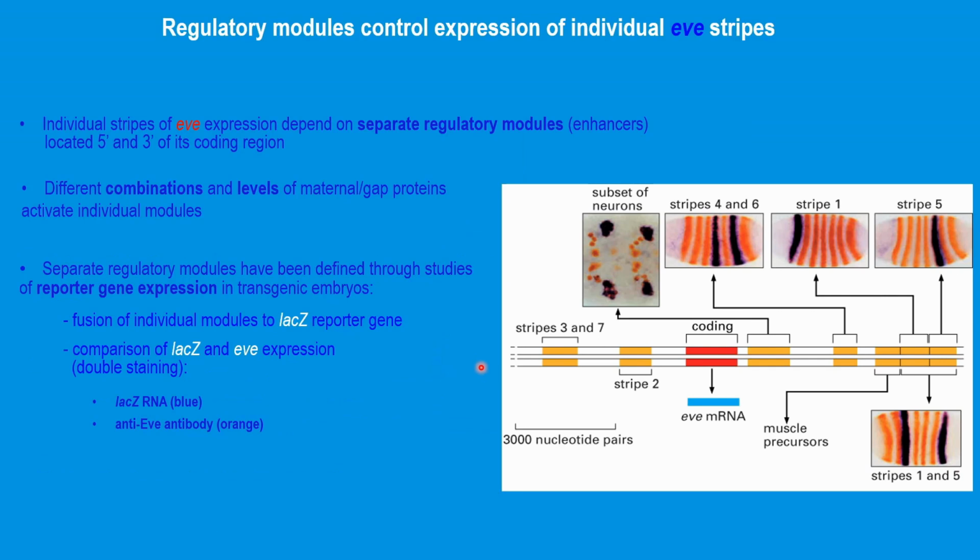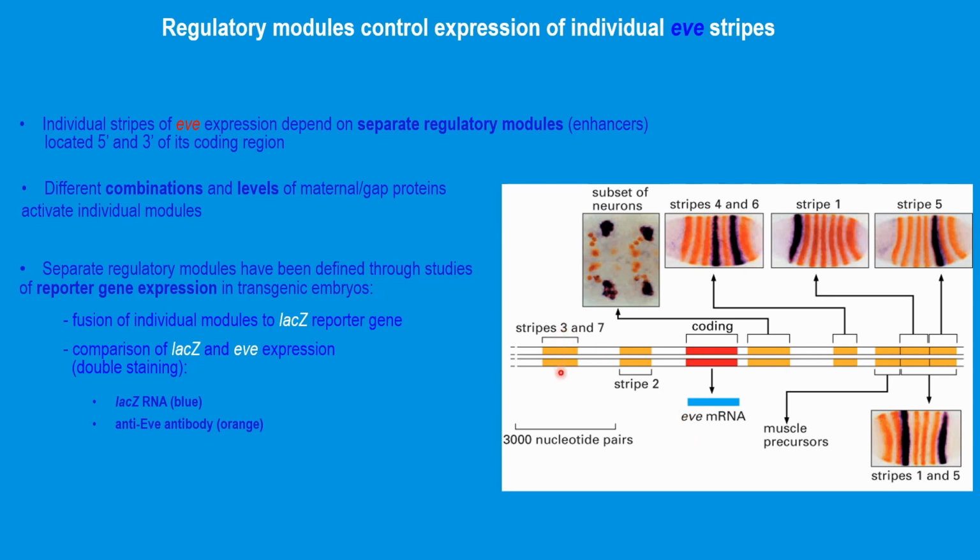Down here, we have a schematic of the even skipped gene region with the coding region shown in red, which gives rise to the even skipped mRNA.